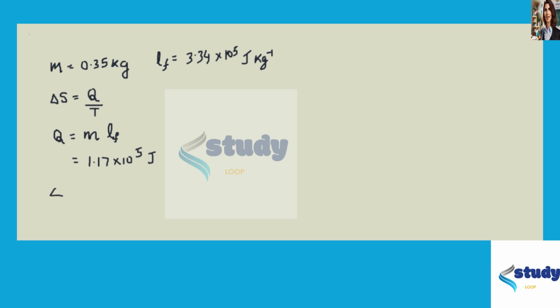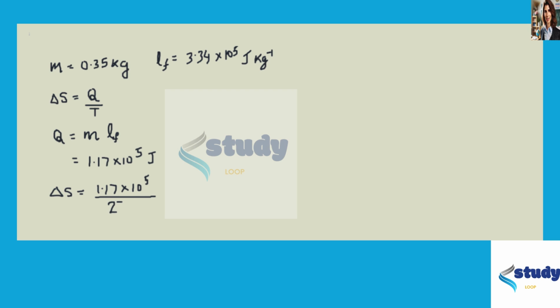So change in entropy is given by, if you substitute the value of Q and T, you get 1.17 into 10 to the power 5 divided by the value of T. How much is T? 0 degree, but you have to change that into Kelvin, remember that, okay?